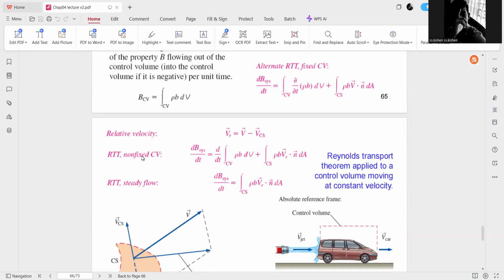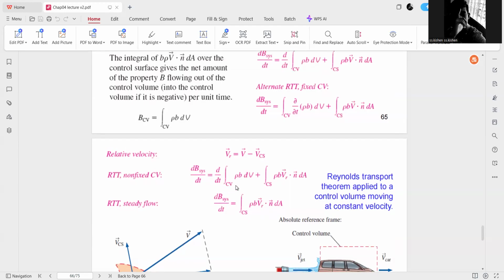For a non-fixed control volume, the formula for RTT is: the total derivative of property B equals the total derivative of the control volume plus the total derivative of the control surface.